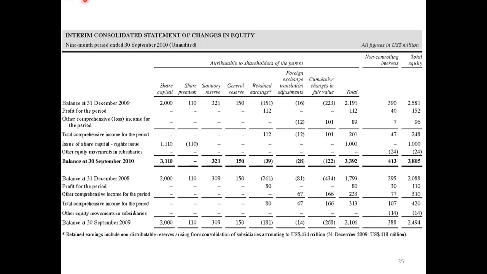Here we can find a consolidated statement of changes in equity. You may find the opening balance, profit for the year, retained profit, profit for the year, and other comprehensive income. Here they have loss and total comprehensive income for the period, and issue of share capital, rights issue they have made, a new issue, and other equity movements in subsidiaries in case of controlling interest and non-controlling interest.